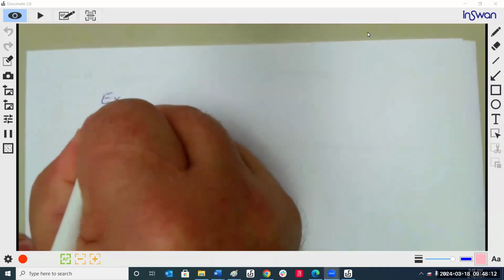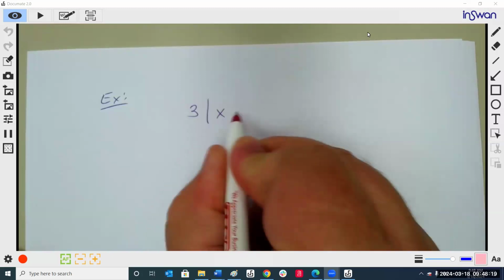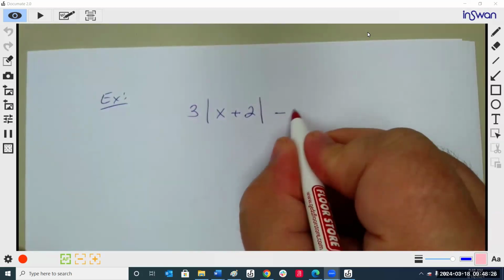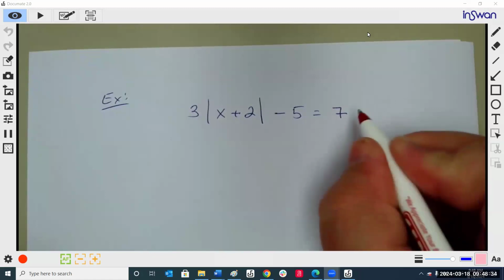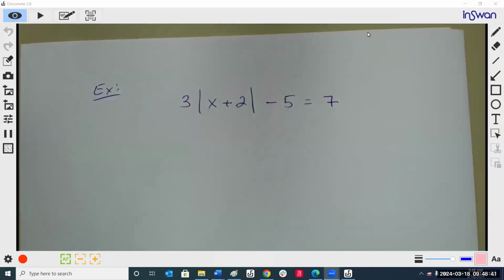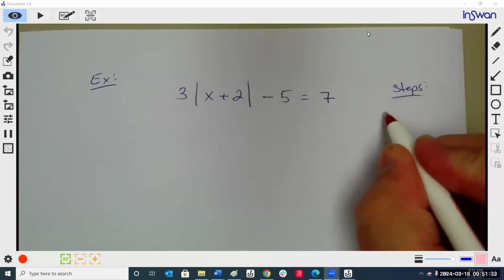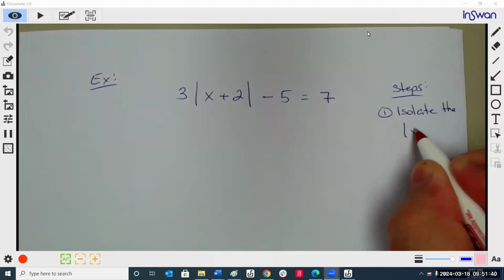All right, so let's look at a bigger equation now. Remember, the steps are: isolate the absolute value.